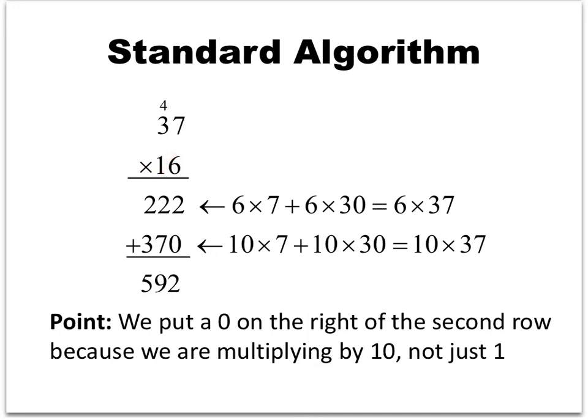It looks like we're taking a 1 times 7 and then 3, but because that 1 is in the tens digit, it's really a 10, not just a 1. And because that number ends in a 0, that product is going to end in a 0. So that's why we put a 0 there in that second row.